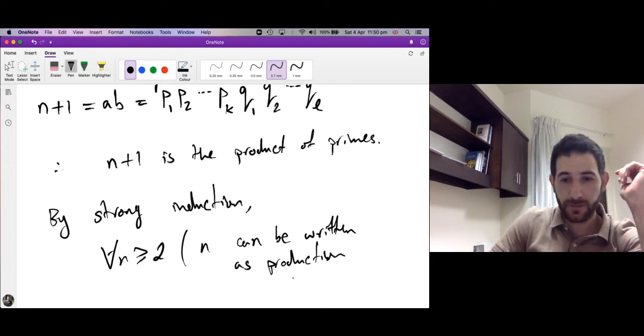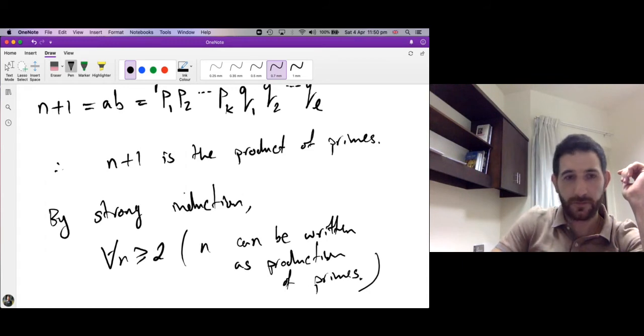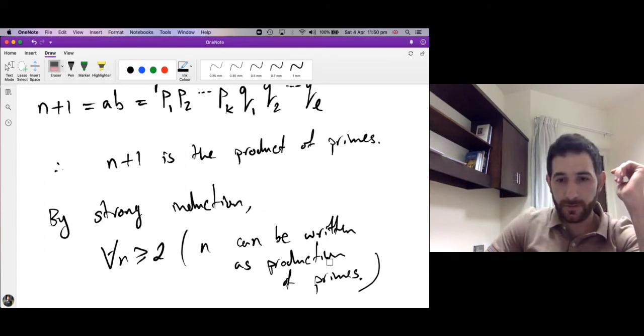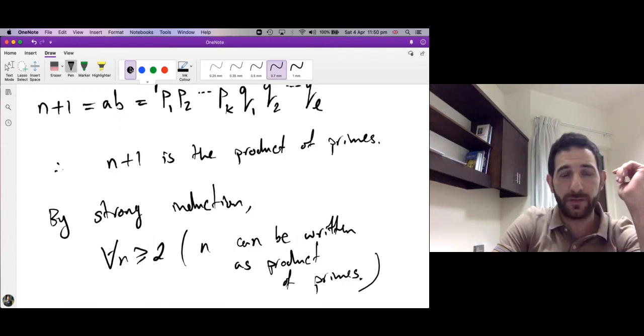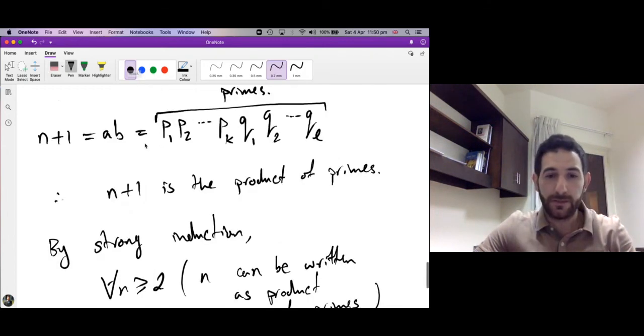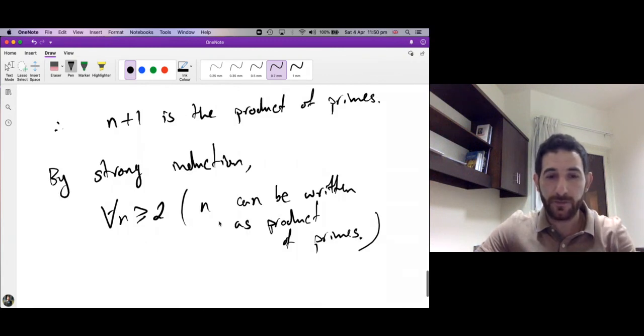So this shows the first part of the fundamental theorem of arithmetic, that every integer bigger than or equal to 2 is the product of primes.